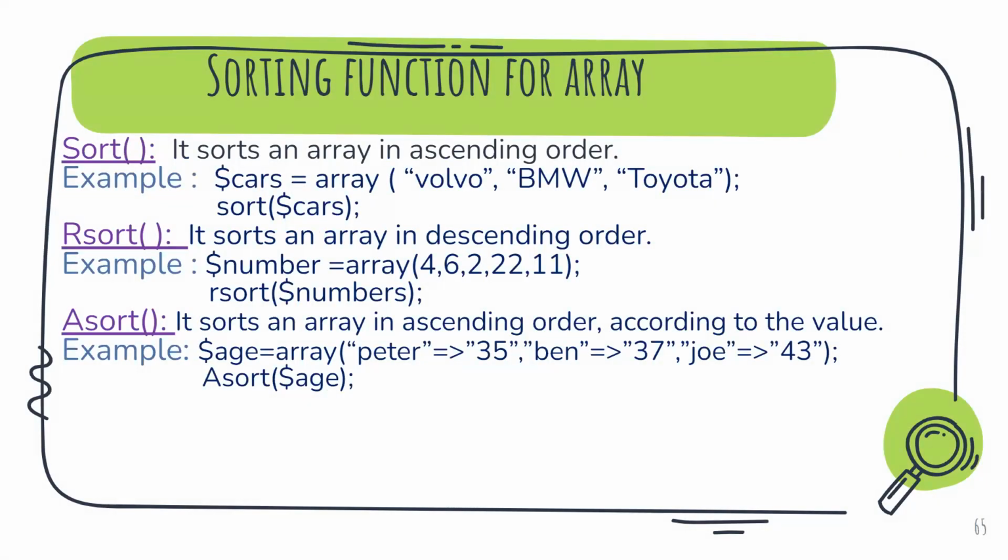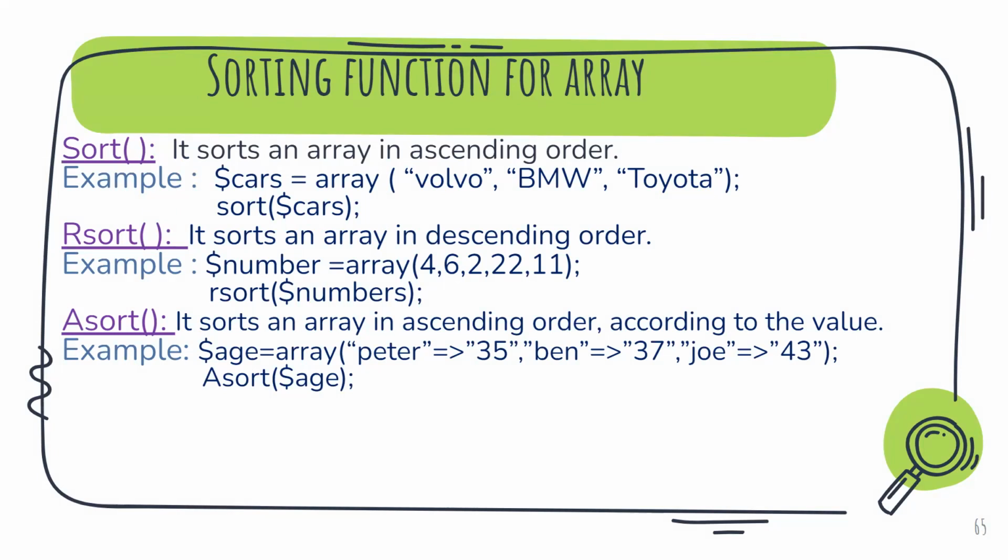Yeah, and coming to functions of arrays, we have a wide range of functions available by the array data structure itself. So sort is one of the functions which helps in sorting the elements present in the array in ascending order. And then rsort is reverse sort, which gives us a descending ordered list. And then asort, so we have associative arrays, right?